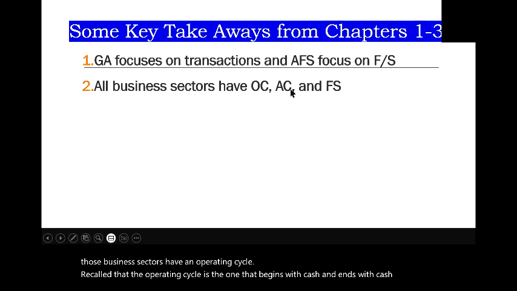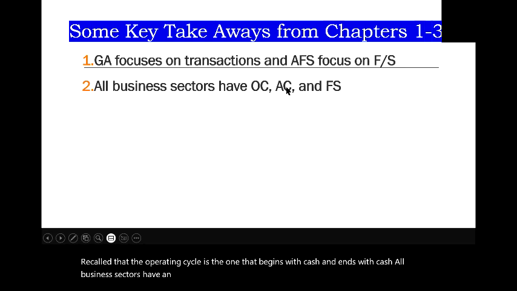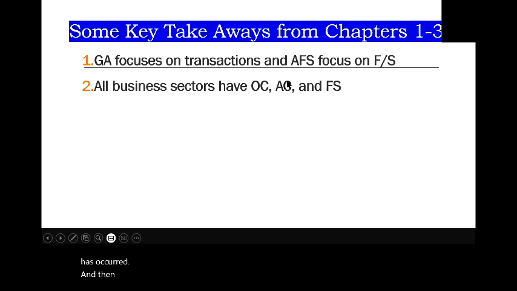All business sectors have an accounting cycle. This is the one that begins with identifying if a transaction has occurred and then ending with a complete set of financial statements. And also that each business sector has, of course, financial statements.